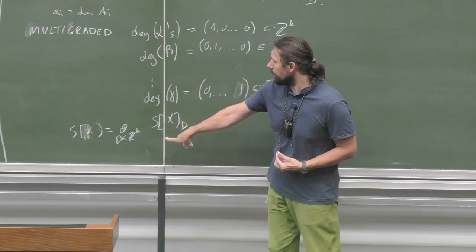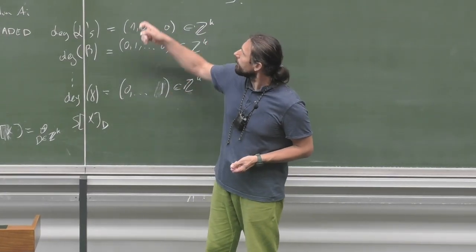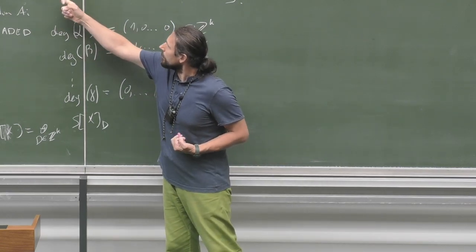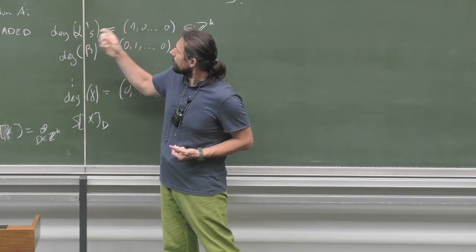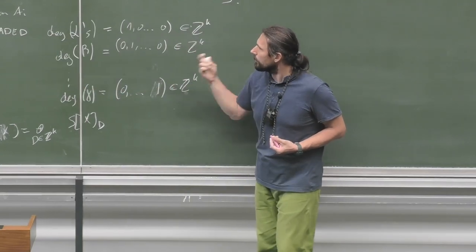Each of those is simply the degree d piece of this homogeneous ring, so the polynomials that are homogeneous of degrees d_1, d_2, d_3, and so on.